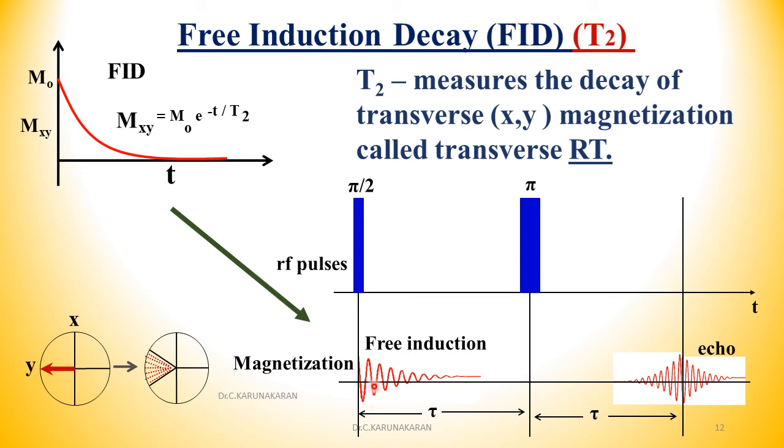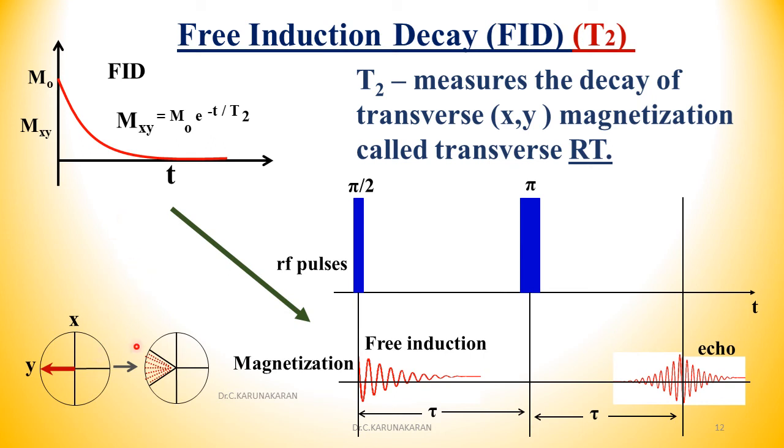For example, on applying a pi by 2 pulse, the magnetization is tilted from the z-axis to the minus y-axis.